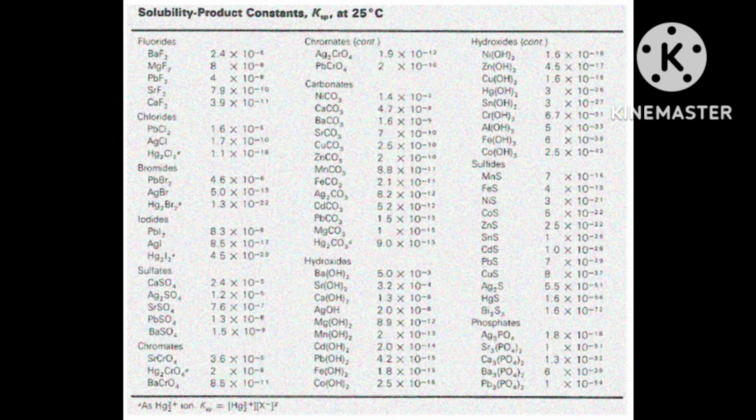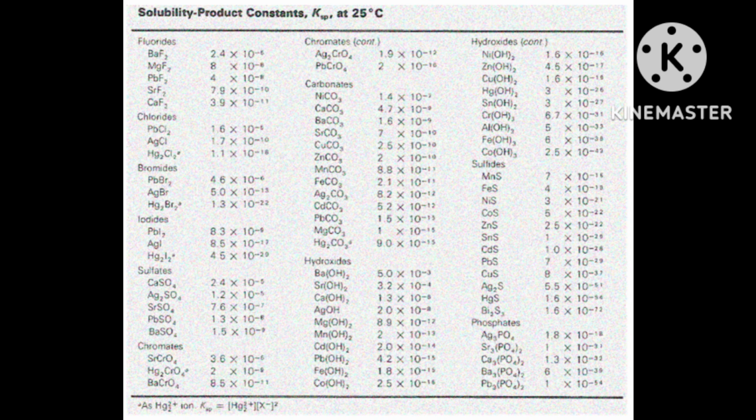But here you should know that Kw is very small. 10 to the power minus 15 is small. Hence, in comparison to 0.10, 2s is very less. Hence, you can neglect it.